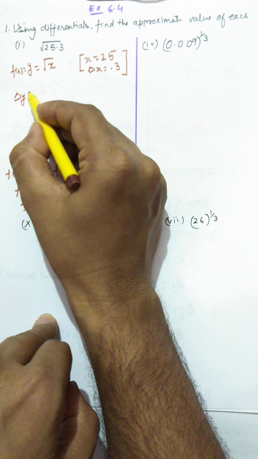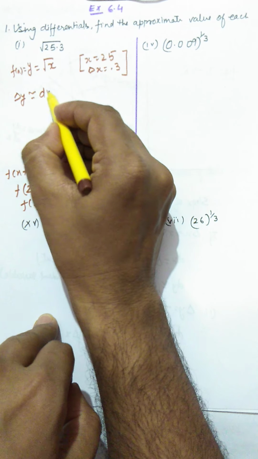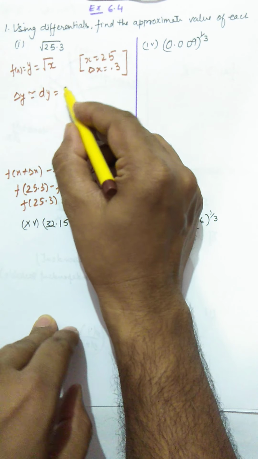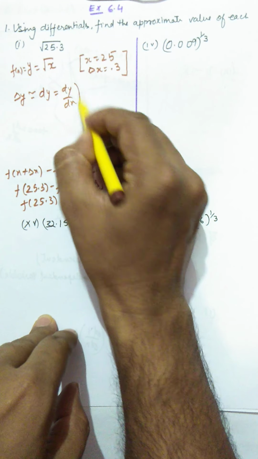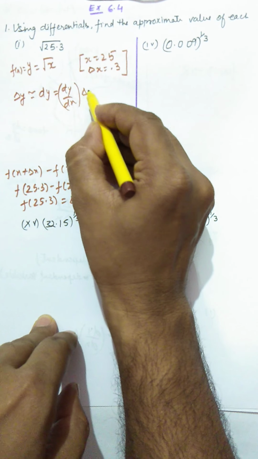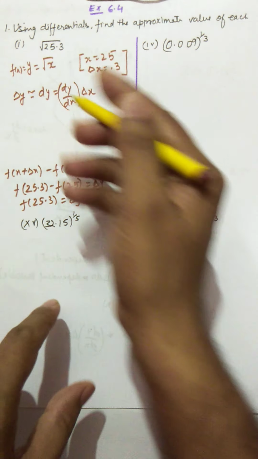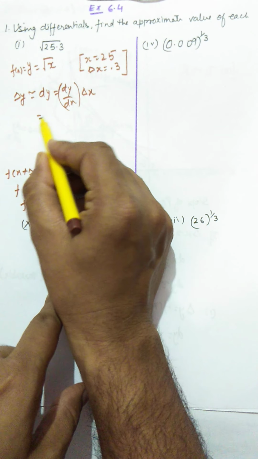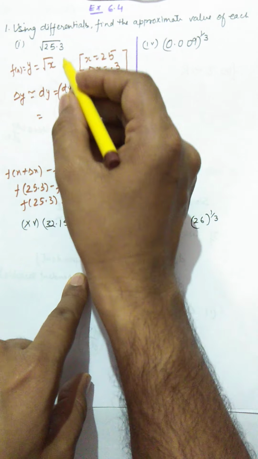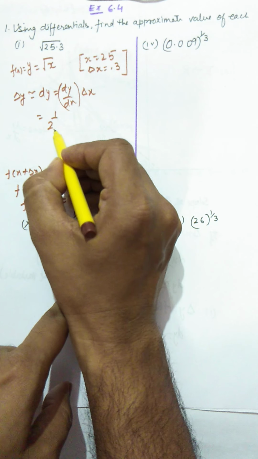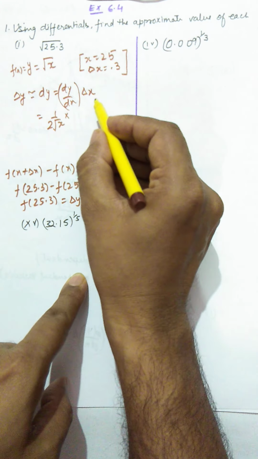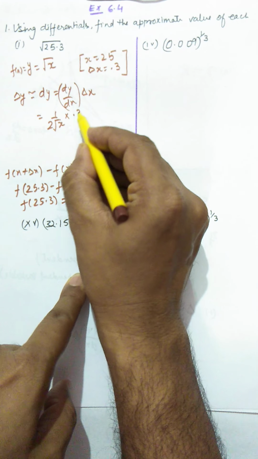Δy is approximately equal to dy, and this is equal to dy/dx into Δx. So we can now substitute the values that we know. dy/dx is 1 upon 2√x, and Δx is your 0.3.